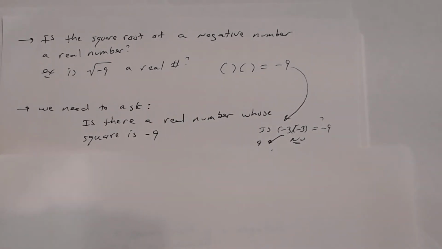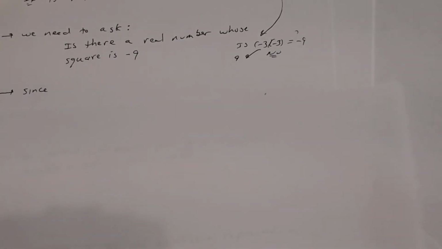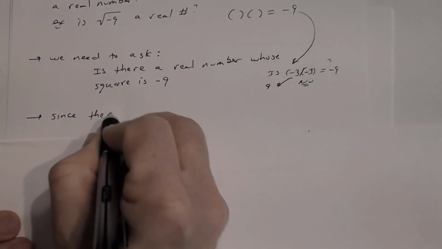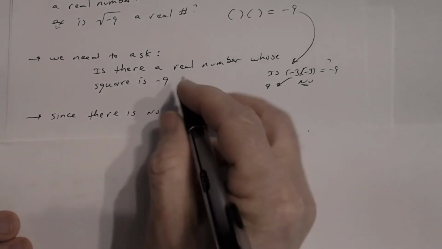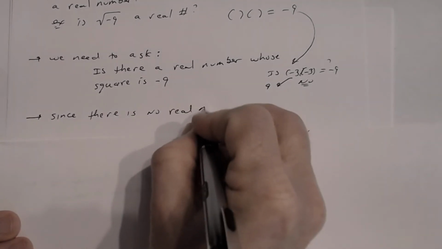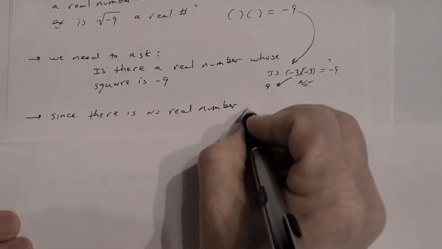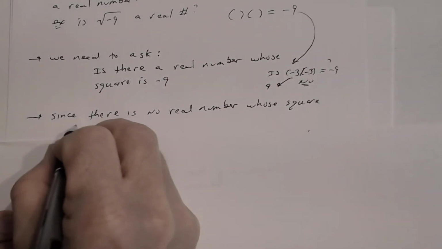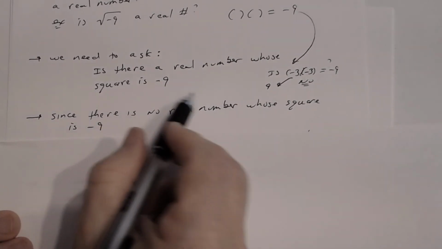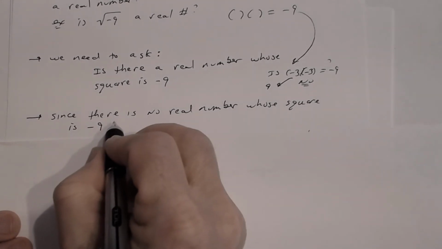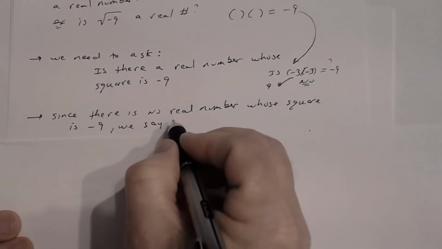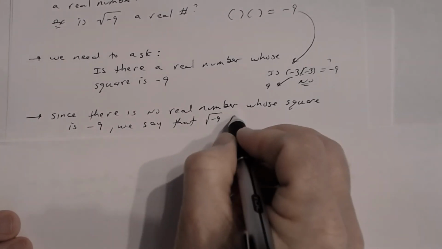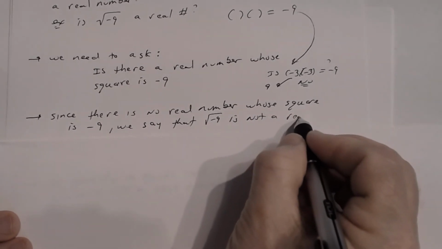So here's what I want you to think about. Since there is no real number whose square is negative 9, we say that the square root of negative 9 is not a real number.